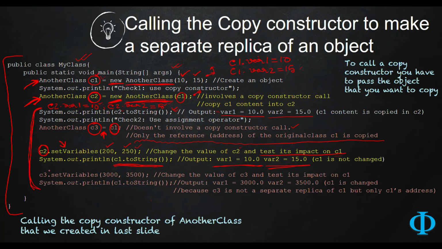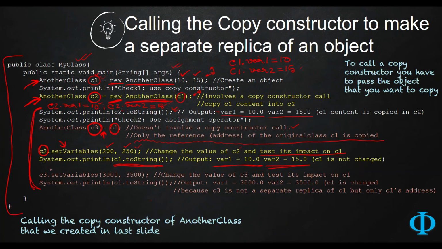Now the second part, this C3. We are saying that it is not a separate replica and it is just the address, they are pointing to the same object. I'm saying all these things, but how to prove it?